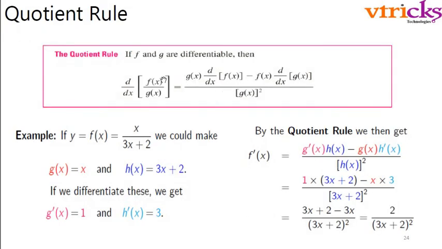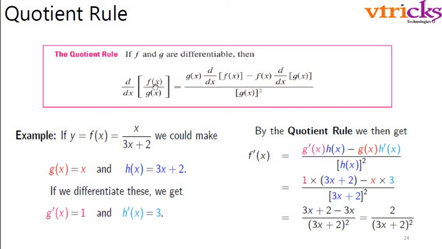Next is the quotient rule. What if we have a division of two functions? We have one function in the numerator, which is x here as shown in the example, and g(x) is another function in the denominator, which is 3x plus 2 here. And we are interested in finding d/dx of x by 3x plus 2.